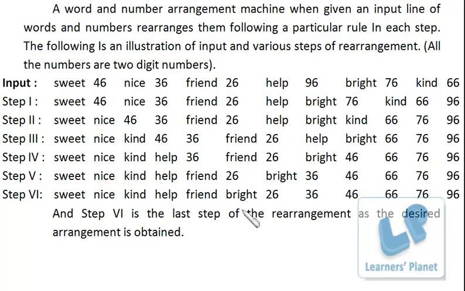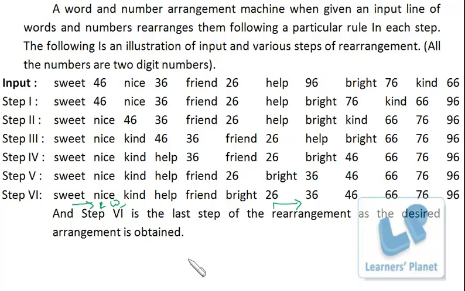Reverse dictionary order you can say, and in case of numbers it is ascending order. Okay, reverse dictionary order. But how this arrangement is taking place step by step, that we need to check.